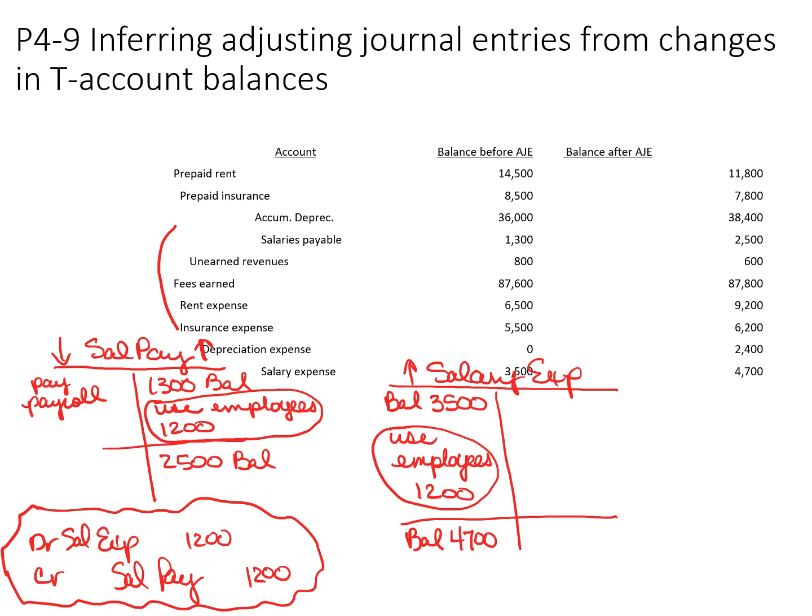Well, the difference there is $1,200. If I look at the salary expense, the difference between before and after the entry is the same amount, $1,200. So this must be one of those accruals where we expense it now, but we'll pay them later.